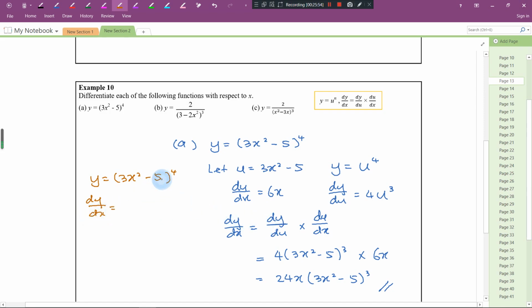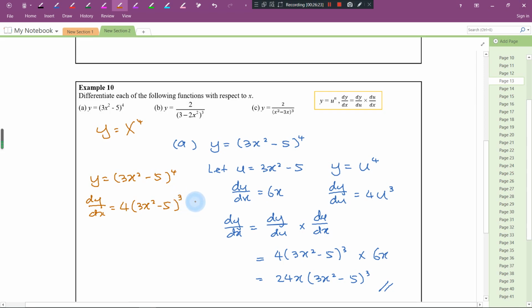Just think this way: assume this is a big X. Don't touch anything here. How do we differentiate this? I bring the 4 down, copy X, then power minus 1. Do exactly the same thing: 4 goes down, copy this whole thing, don't change anything here, power minus 1, becomes 3.